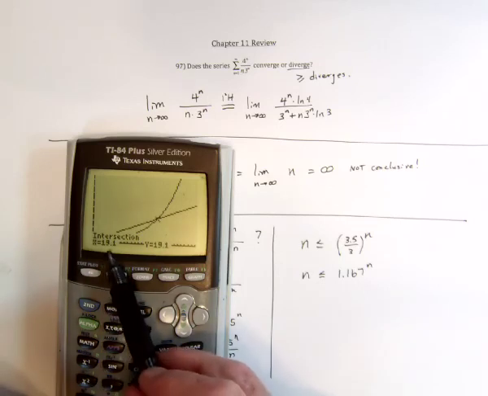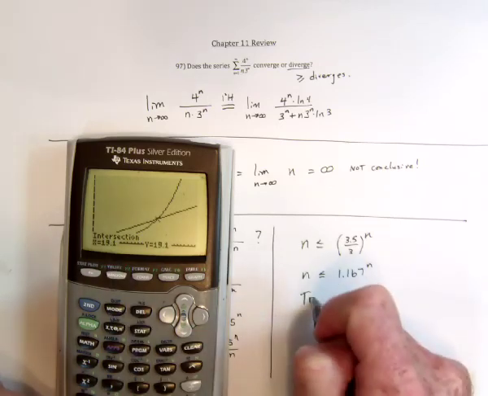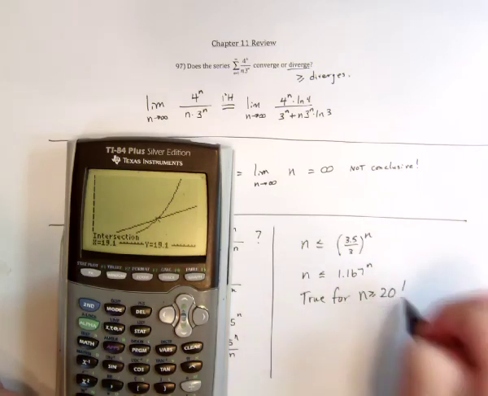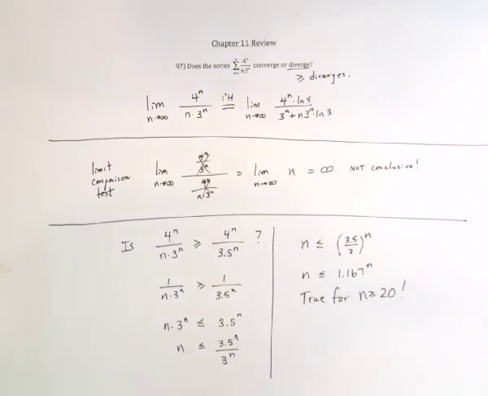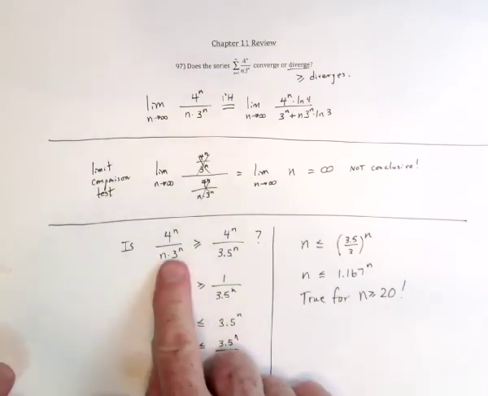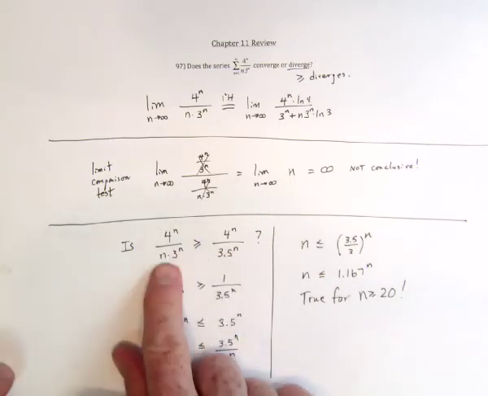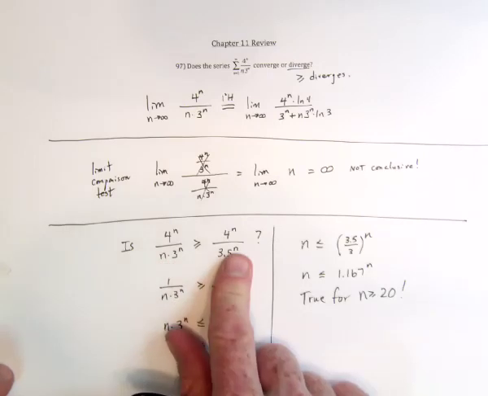So after 19.1, or in other words, from 20 on, the inequality is true. So that means that this series right here, the one that we were given, is going to be bigger than this one, which diverges, from 20 on.